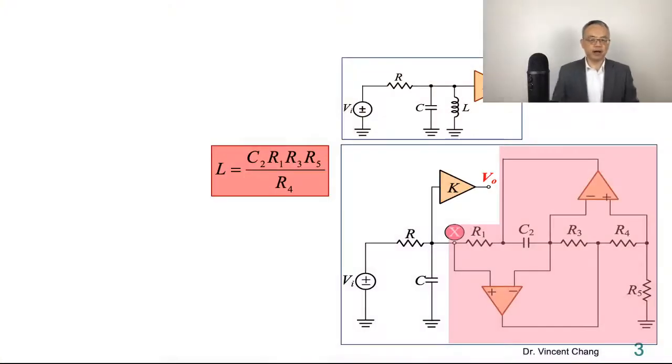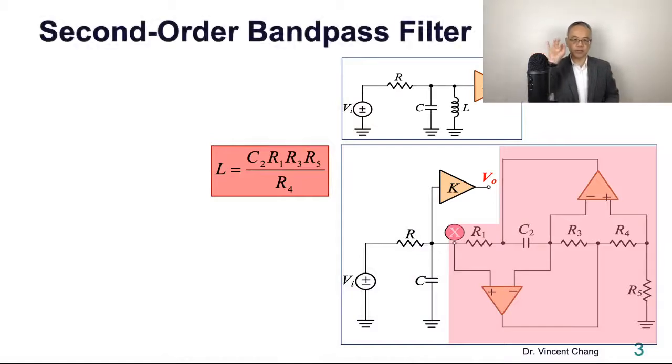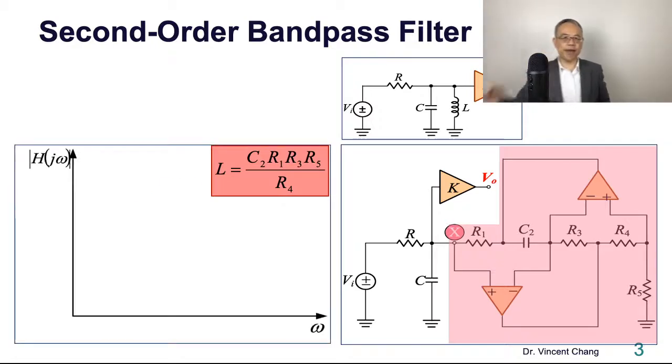Remember the analysis by inspection skill. You see the LC resonator at the output side, right? So with an LC resonator, what's the frequency response? The bandpass. So it's going to be a bandpass.